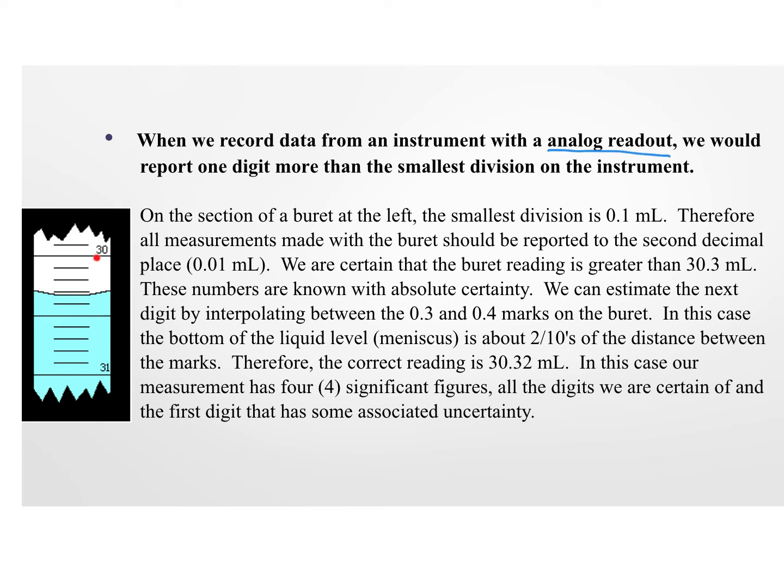Do you see how you're given 30 and then 31, and there's a little bit of interpretation you have to do? That's an analog readout. So what I want you to write down is: for analog readouts, you report 1 digit more than the smallest division. Okay. I'm going to give you a minute to copy that down, and then we'll do the example, because I want to make sure I have your attention when we do the example.